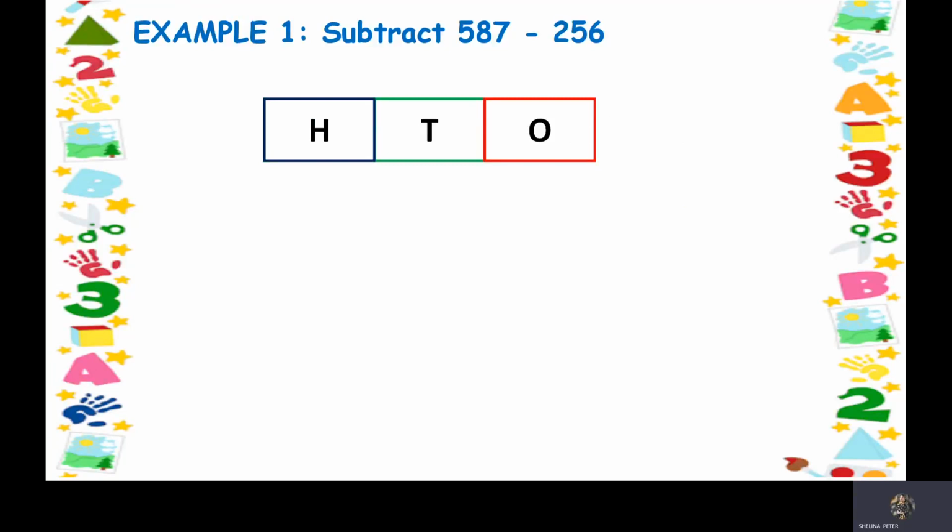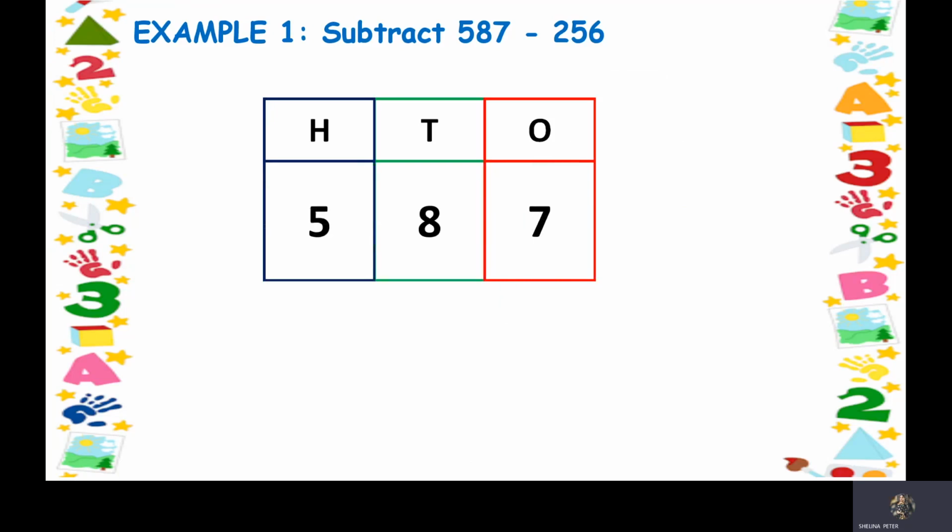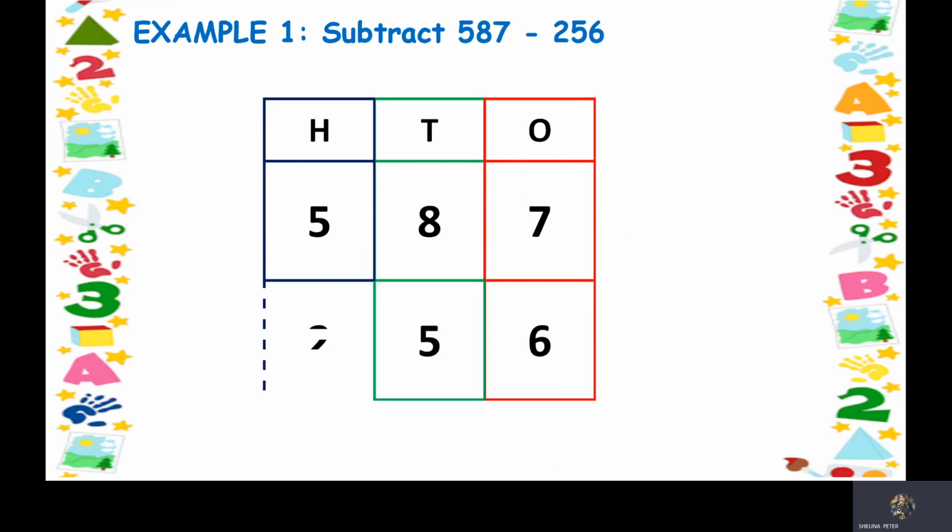So first number is 587, so I am going to write it in the box: 7, 8 and 5. Then I'm going to write the next number, that is 256, starting from 6, 5 and 2.